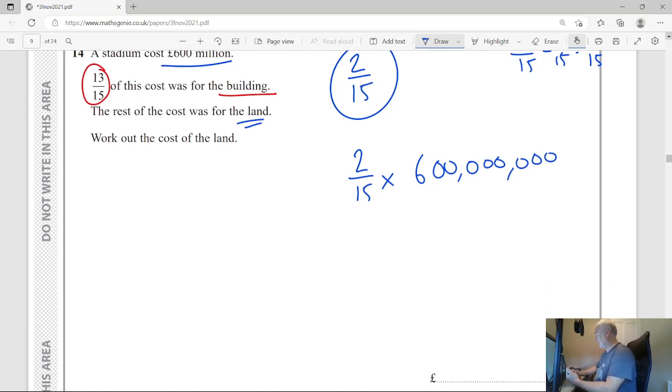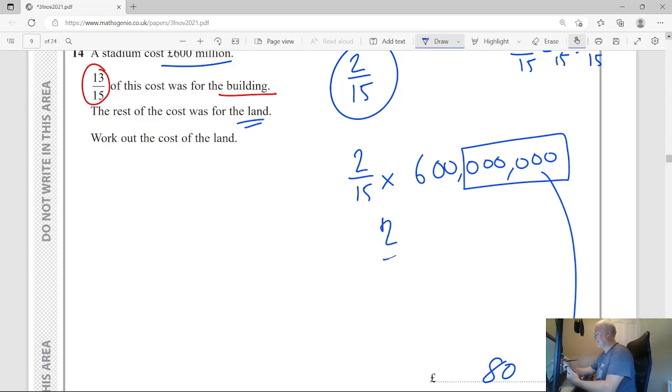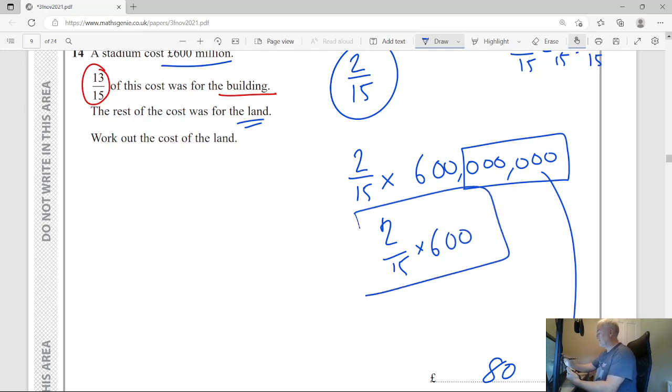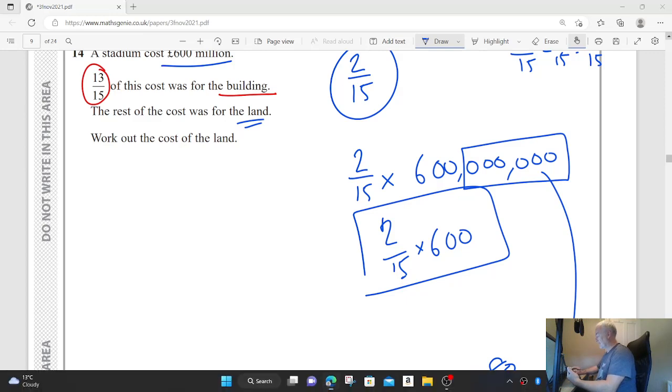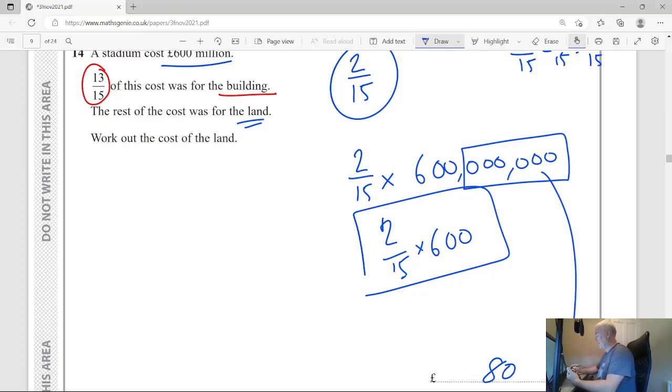And that's going to give me 80 million. Now I could type in the whole digits here, but if we look at my value, I want it in millions. So the calculation I'll put into my calculator is slightly simplified in relation to 2/15 of 600, because we're keeping it in the value of millions. Okay, so 80 million is the cost of the land.